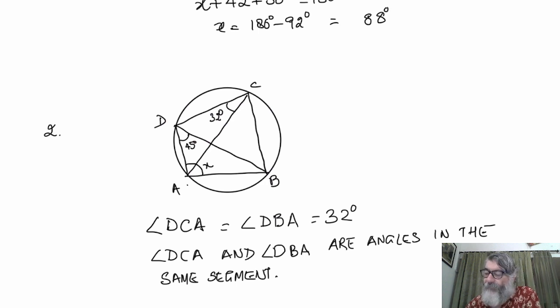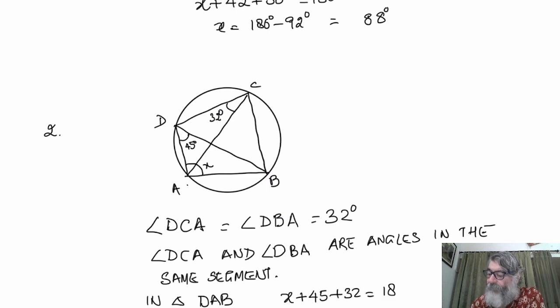First of all, in triangle DAB, what will happen? X plus 45 plus 32 will be equal to 180 degrees, and X will be 180 minus 77.